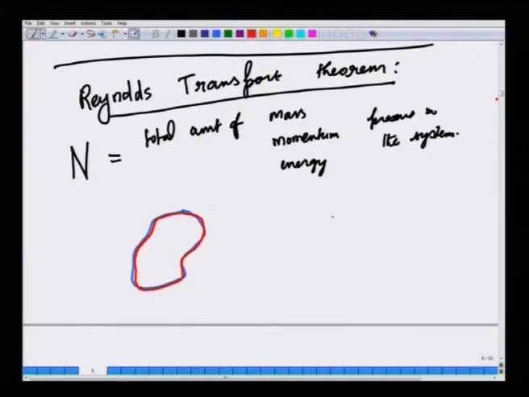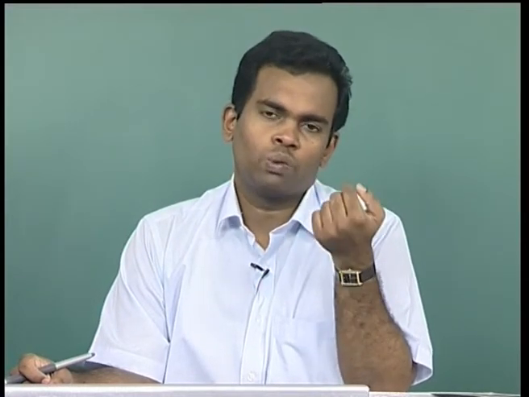But at a later time, while the CV remains the same, the system would have moved. The blue thing is a system whereas the red thing is a CV. Suppose at a given instant of time we identify all the fluid particles that are present in the CV as our system. These points will not be staying put in the CV, because if the fluid is in general moving, these points will move away.